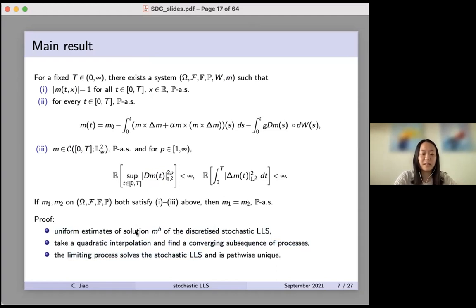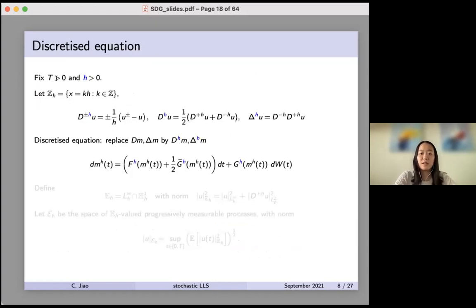So the first step is to discretize the stochastic LLS equation. Fix a terminal time t and a mesh size h. We divide the real line into a uniform grid Z_h and define the forward and backward discrete gradients, d plus h and d minus h, also the symmetric discrete gradient d_h and the discrete Laplacian delta_h.